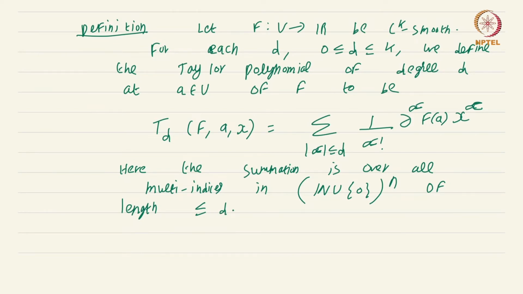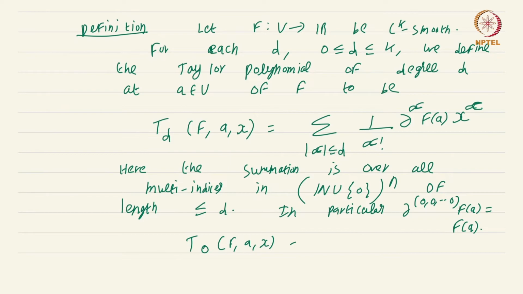In particular, ∂^0 f at a is just defined to be f of a. So taking no partial derivatives at the point a just gives the function. So more concretely, T_0 f a (x) is just f of a.